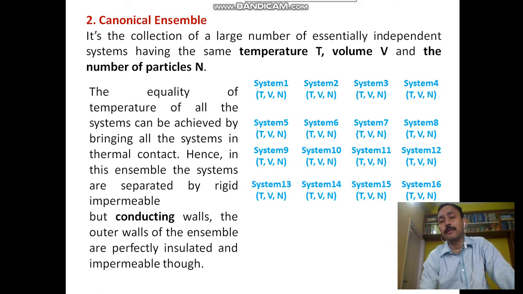The outer walls of the ensemble are perfectly insulated and impermeable. If the physical systems exchange energy but not matter with each other, the corresponding ensemble is called a canonical ensemble.